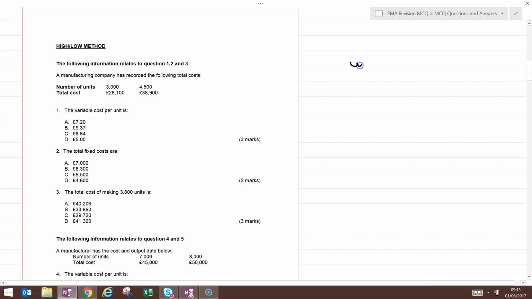So what we do is two columns, units and costs. Take the highest number of units and the cost, and the lowest number of units and the cost. Take them away. So 4,500 minus 3,000 leaves us with 1,500. Taking away the costs, the difference in the two costs is 10,800.